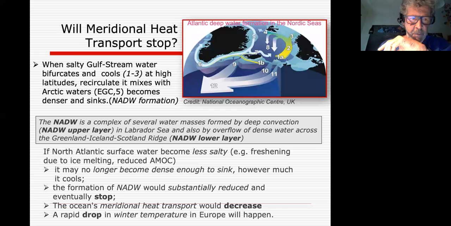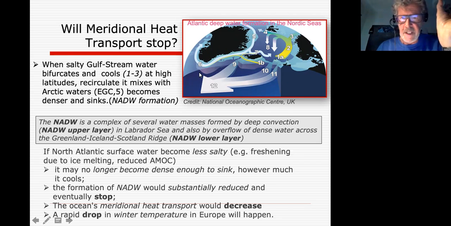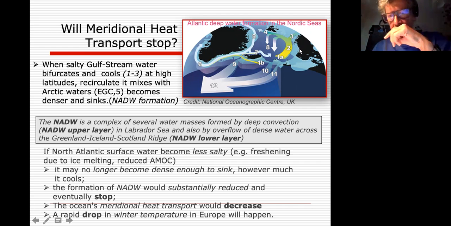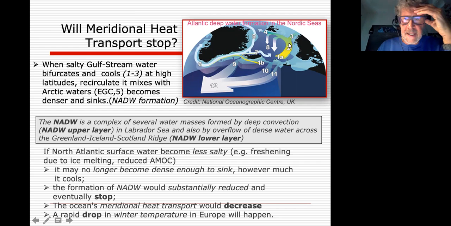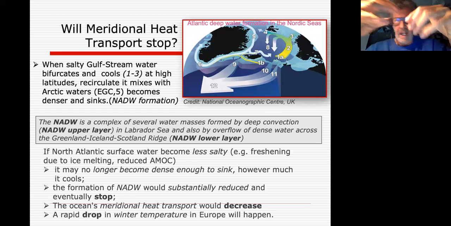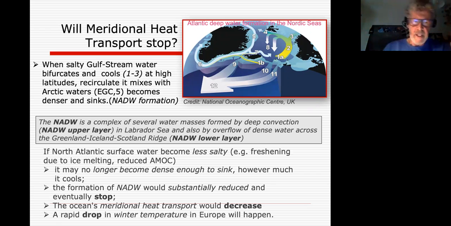And we can see that the salty Gulf Stream water bifurcates here. Part goes down, part reaches Scandinavia and North Europe, and then its path goes northward and recirculates in the Arctic Ocean and mixes with Arctic water, creating the East Greenland Current that goes down.